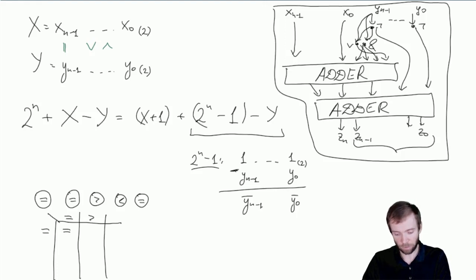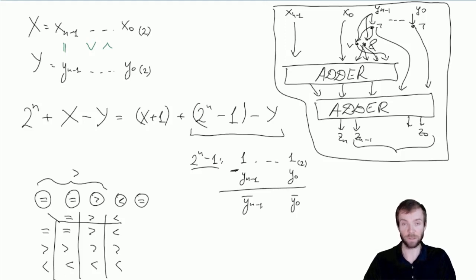If our pair of bits is like this, then the first number is greater than the second. Otherwise, the first number is less than the second. Now, if so far we already know, say up to this moment, that the first number is greater than the second, then this bit actually does not change anything in this relation. So here we would have this result. And if the result so far was like this, then we have this kind of result.